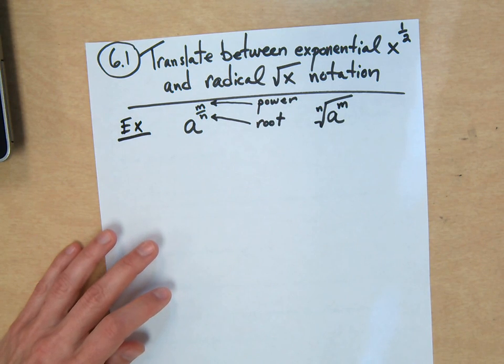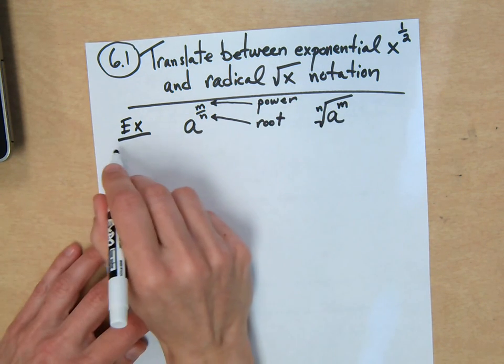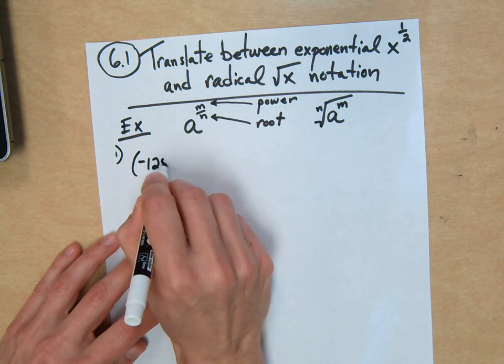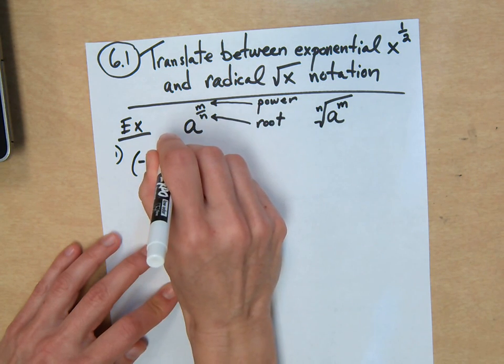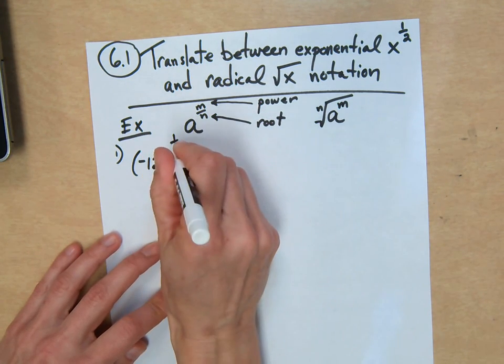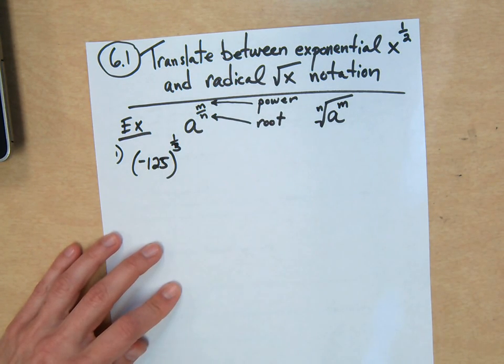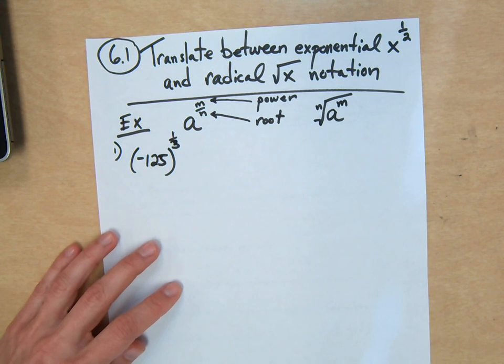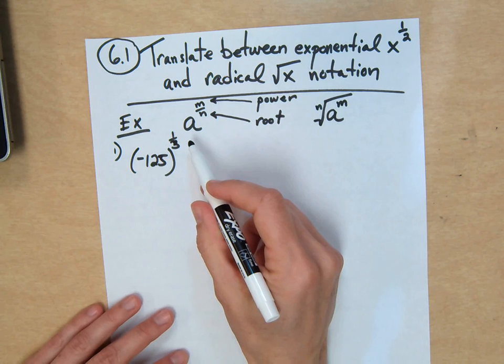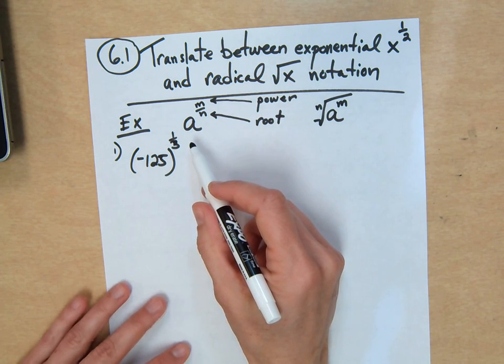Number one is negative 125 raised to the 1/3 power. Having a fraction in the exponent is just awkward. We just really don't want to do it.